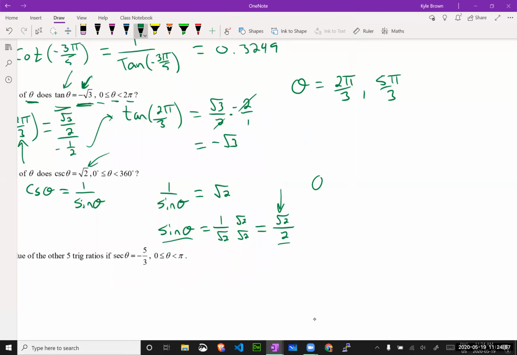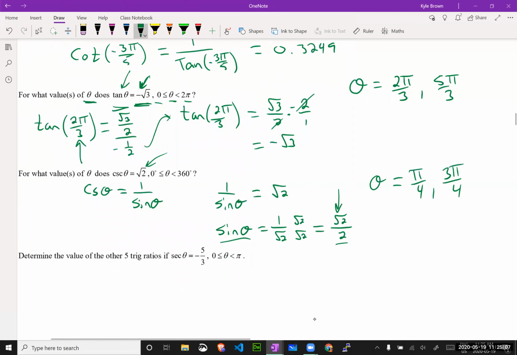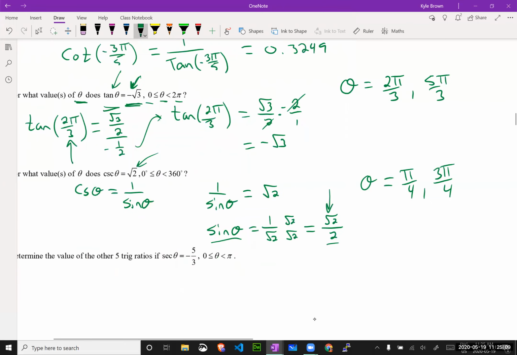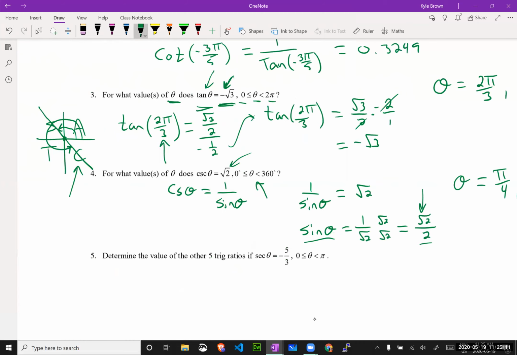Okay, so you'd say theta is going to be at pi over 4 and 3 pi over 4. Oh, and I did that in radians, but it actually gave us the restrictions here. So it's between 0 and 360. It gave it to us in degrees.